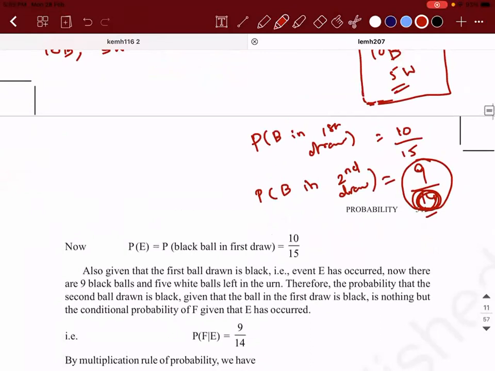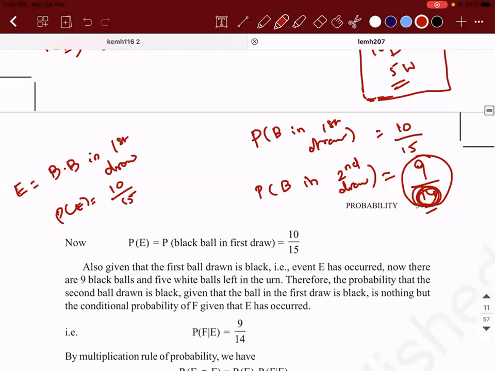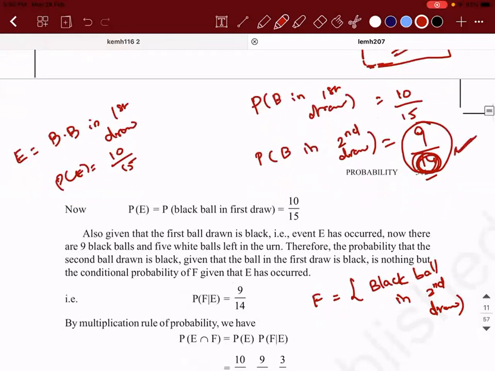So if I assign an event E, which is black ball in first draw, so what is the probability of E? That will be 10 out of 15. Now, let me take event F, which is getting black ball in second draw. Then what does this 9 by 14 represent?